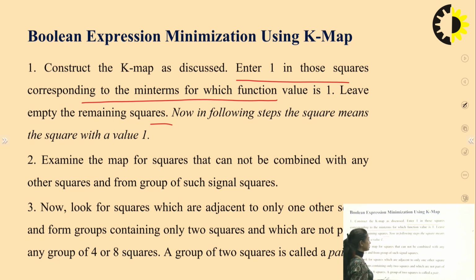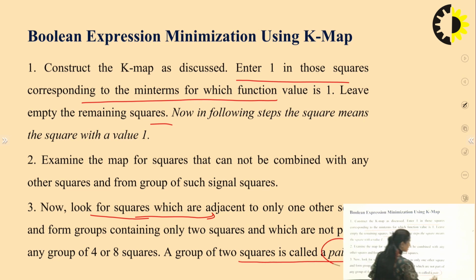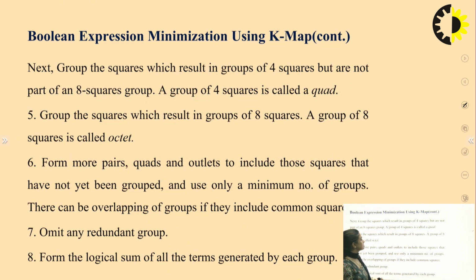Examine the map for squares that cannot be combined, and look for squares which are adjacent to only one other square and make groups of 2, 4, 8 and so on, and these squares are called pairs. So first we have to fill in ones, then we have to make pairs. And the third step is naming those pairs.